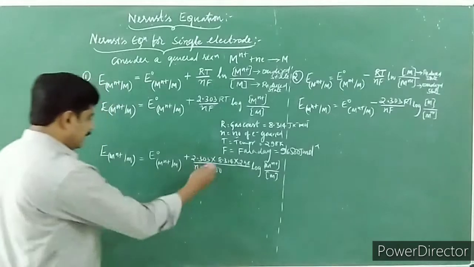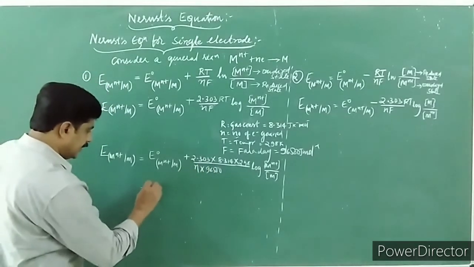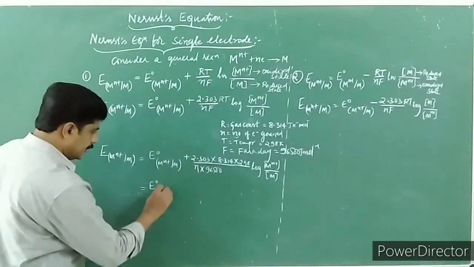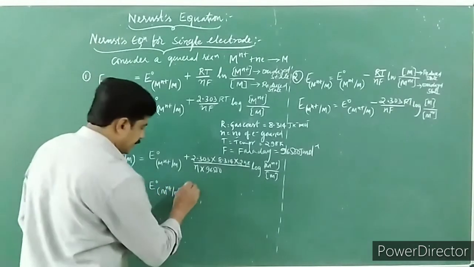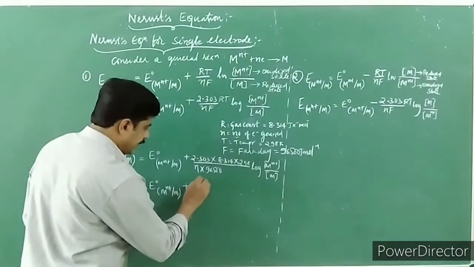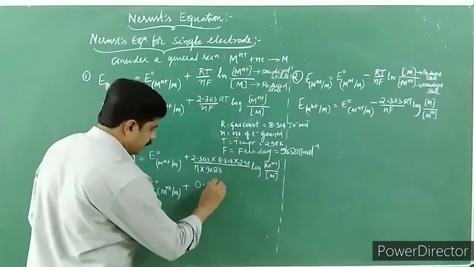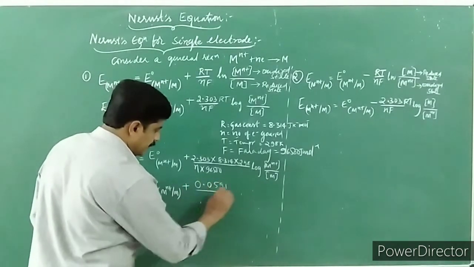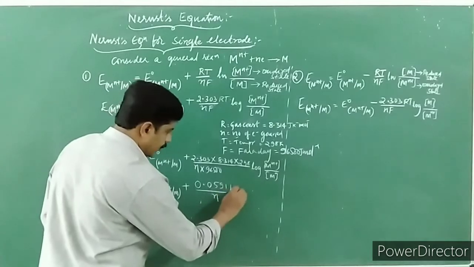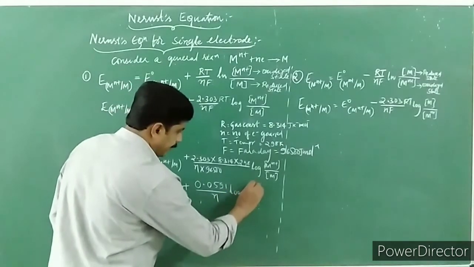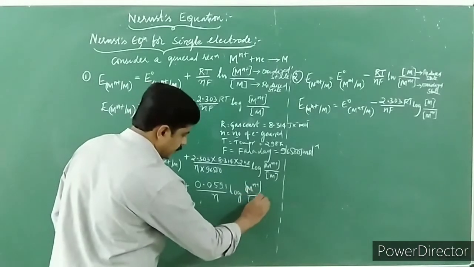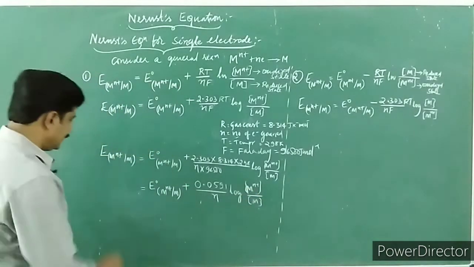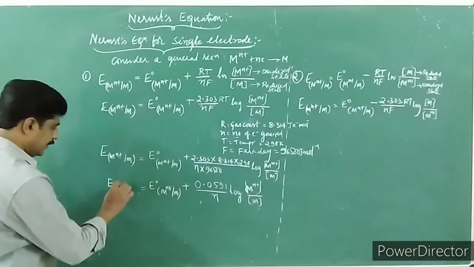Is it not? I further simplify. Look at here. If you simplify that, you are going to get E°_(Mn+/M) + 0.0591/n into log of [Mn+] upon concentration of metal. So this you need to remember.